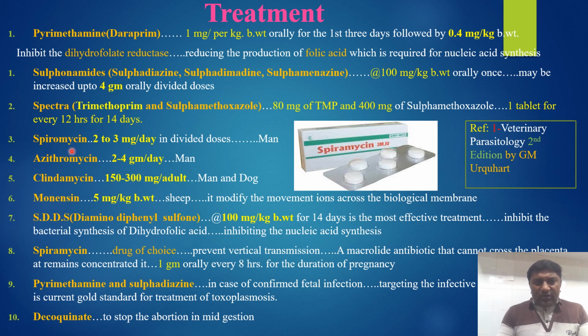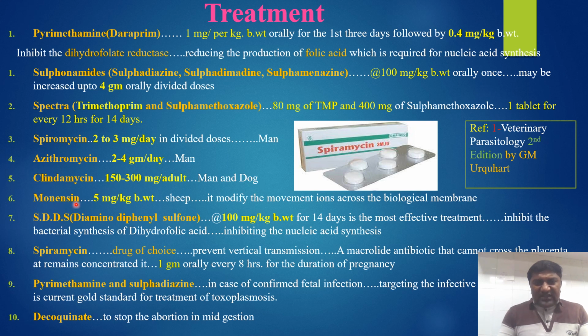And spiramycin, 2 to 3 gram per day in divided doses in men, and azithromycin 2 to 4 gram per day in men, and clindamycin 150 to 300 milligram per adult man and dog.